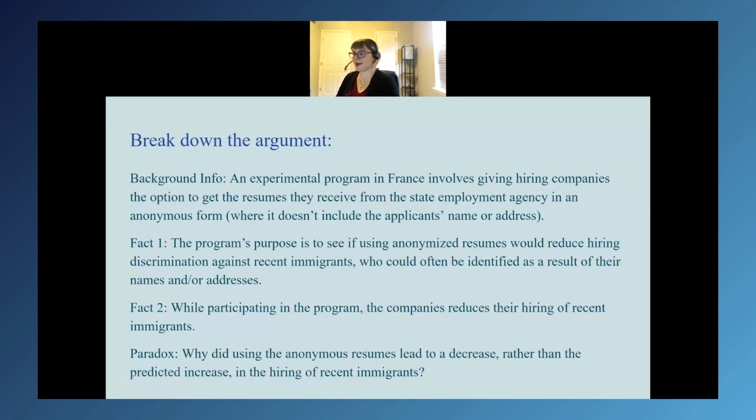And yet, these companies reduced their hiring of recent immigrants rather than increasing or keeping it level. So, why did using the anonymous resumes lead to a decrease rather than the predicted increase or leveling of the hiring of recent immigrants? Let's look at our choices, and I will share these.